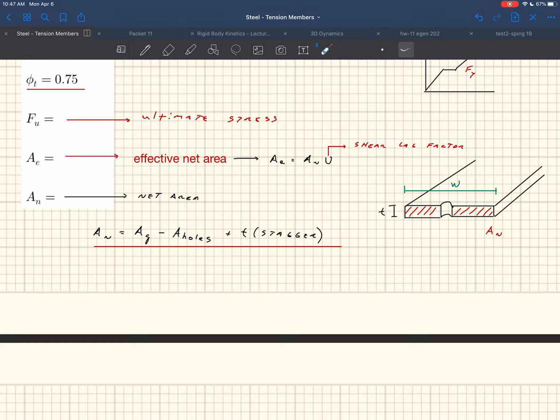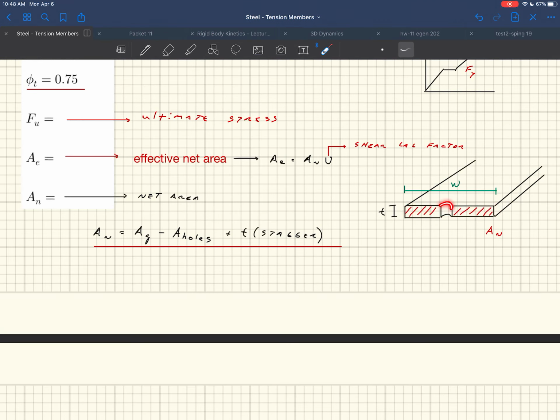Okay, so what I have shown here in this red, with these crosses, that is what the net area is. If this whole thing would be the gross area, all the way across would be the gross area.